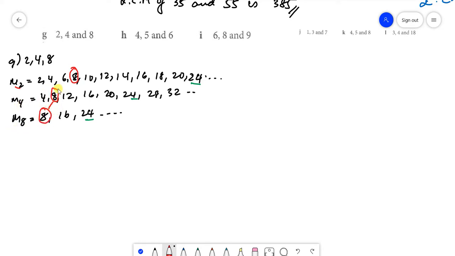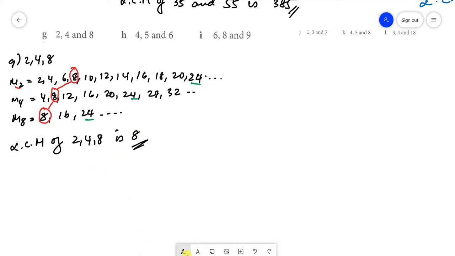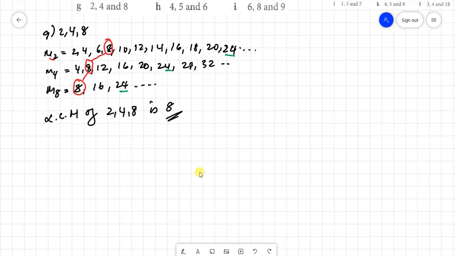So we can write LCM of 2, 4, and 8 is 8. Okay, so I hope it's clear to you guys. Move to the next question. We have H.